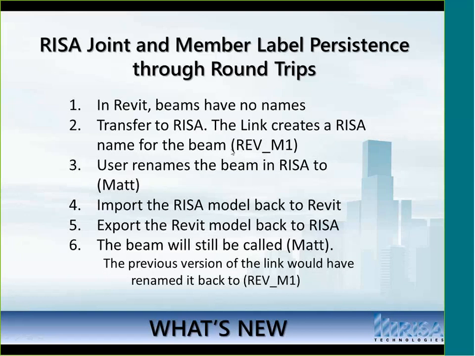But basically, we just create a sort of randomized name for all of the members and joints. Now, you're free in RISA 3D and in RISA Floor to rename these joints and these beams and everything else to whatever you want. So if you have an easy to understand naming convention for your members and for your joints that you like to use, say everything on floor 1 has an F1 prefix, you can go in and set that.